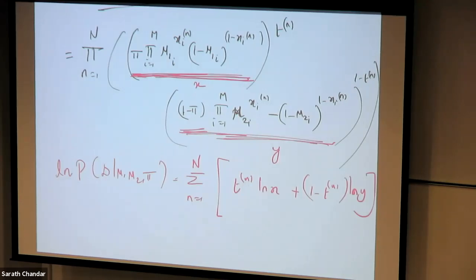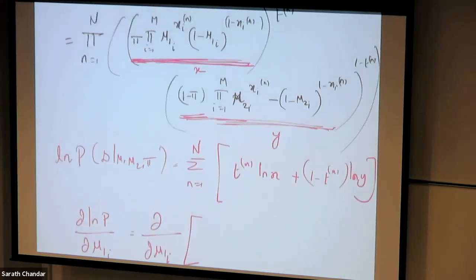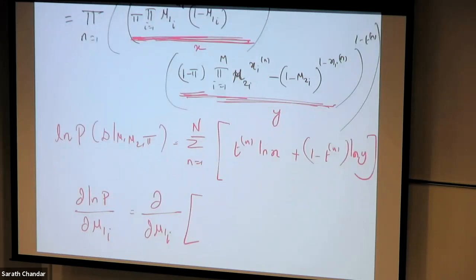How would you do that? You differentiate this with respect to mu1i and set it to 0, and you get your answer. So we are interested in dou ln p divided by dou mu1i. Is that clear? mu1i exists only in the first term, not in the second term, so you can ignore the second term.